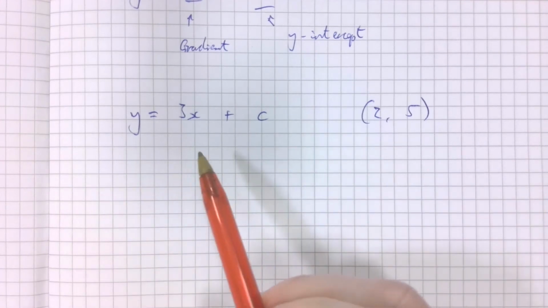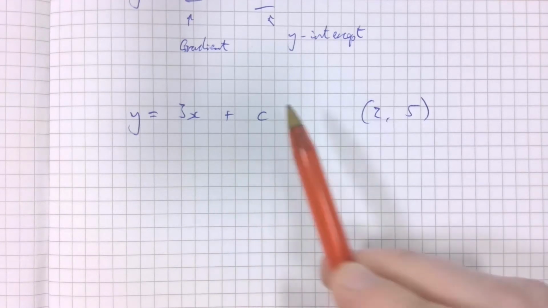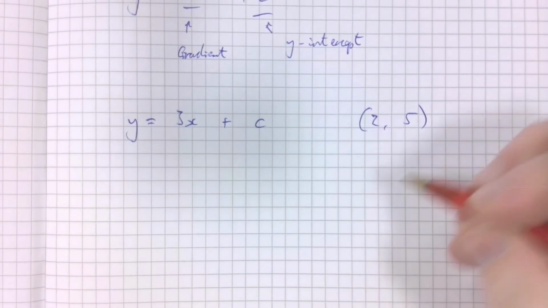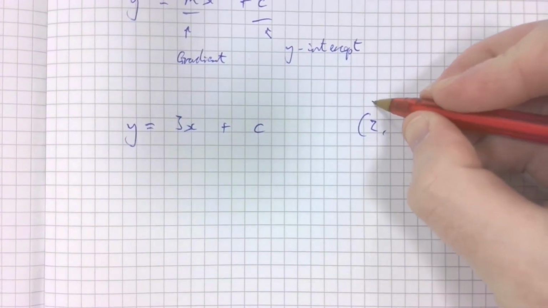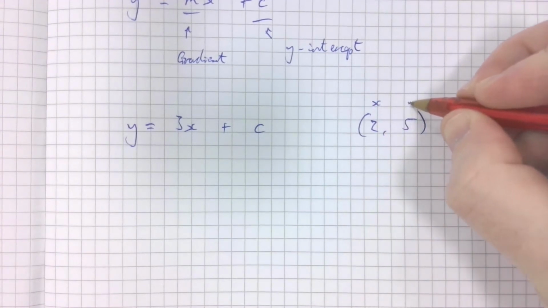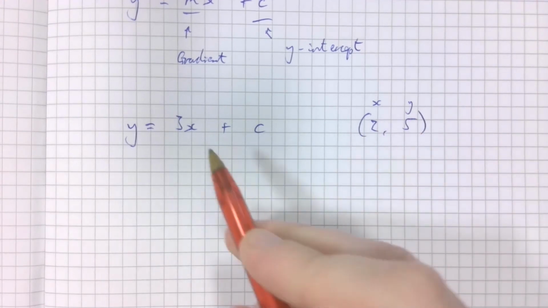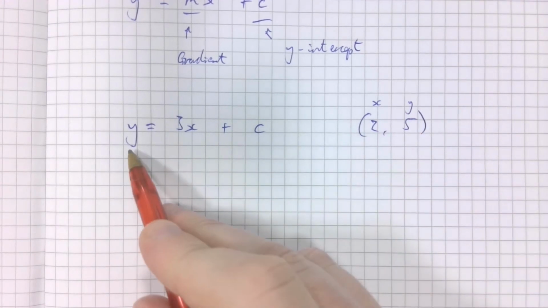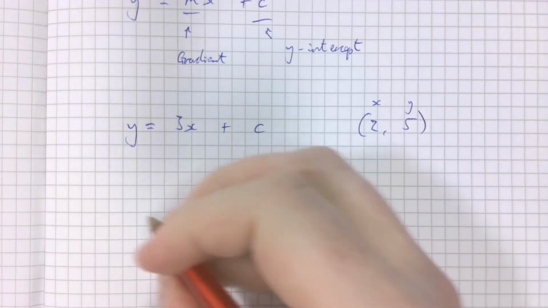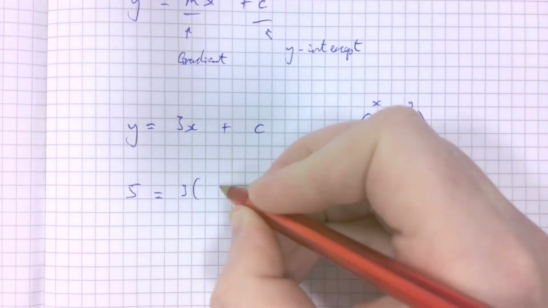And once I do that, the only thing that I won't know is the plus c bit, which is exactly the bit that I'm looking for. Now remember, coordinates. This 2 is an x value, and this 5 is a y value. So let's substitute them in that order, replacing x with 2 and y with 5. Let's do it. So y becomes 5, x becomes 2.